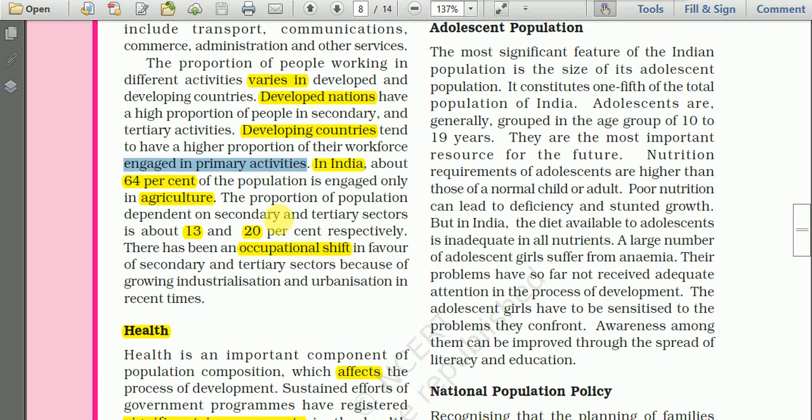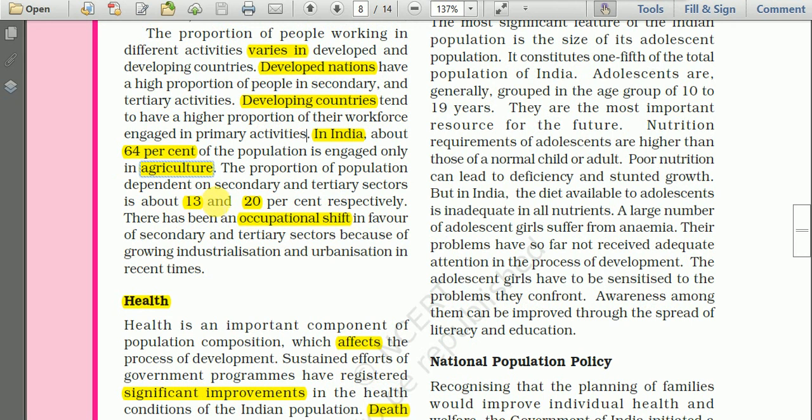In India, about 64% of the population is engaged in agriculture, and the proportion dependent on the secondary and tertiary sectors is about 13% and 20% respectively.